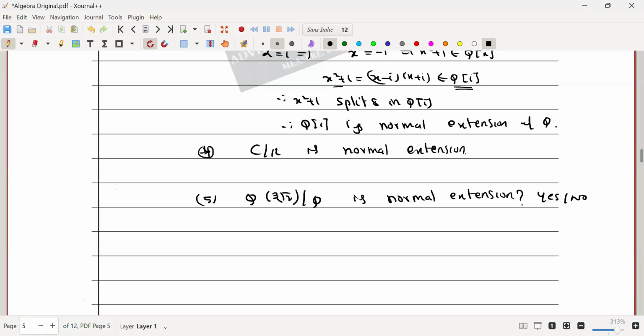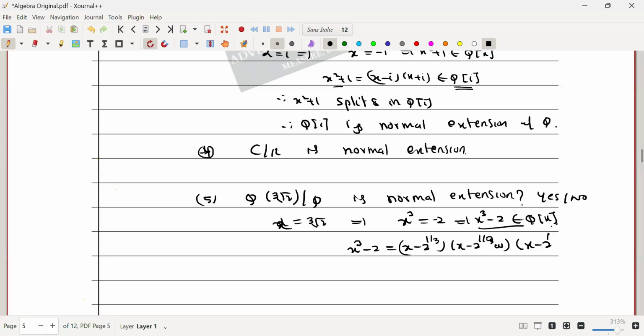So let alpha equal cubic root of 2. Its minimal polynomial: x cubed equals 2, so x cubed minus 2 belongs to Q[x], which is the irreducible polynomial in Q[x]. The roots of this are 2^(1/3), 2^(1/3) omega, and 2^(1/3) omega squared. Do these factors belong to Q(2^(1/3))?